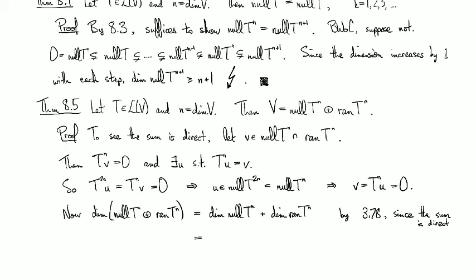And then if we look at this, this is exactly the form of the rank nullity theorem. So this is equal to the dimension of V by the rank nullity theorem, 3.22. And so, as I mentioned before, now we have a subspace of V which has a dimension equal to the dimension of V, so it has to be V, and we're done.